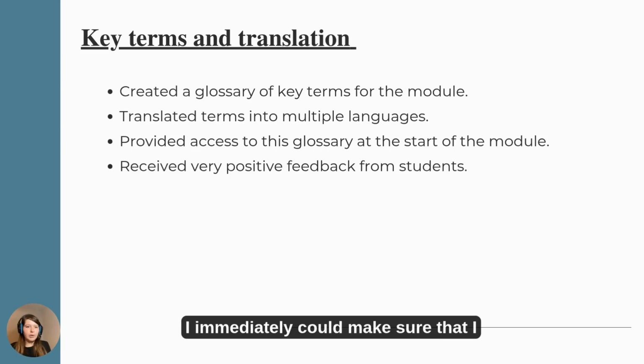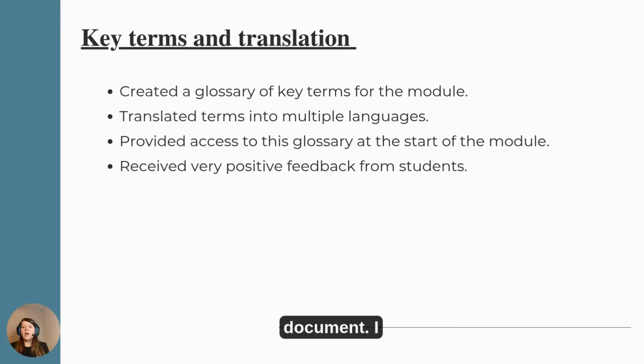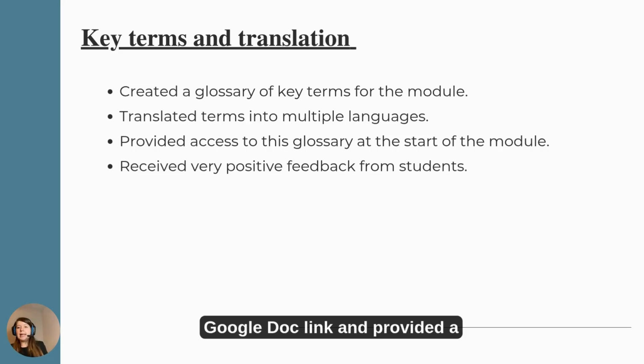I immediately could make sure that I covered these languages in the document. I shared the glossary through a Google Doc link and provided a PDF version as well. Essentially, the students could download the glossary and customize it in whatever way felt right for them.